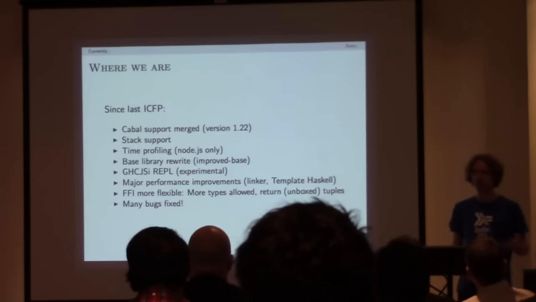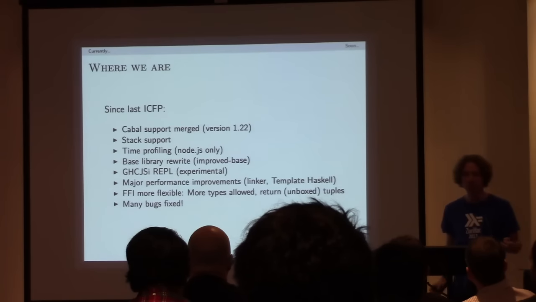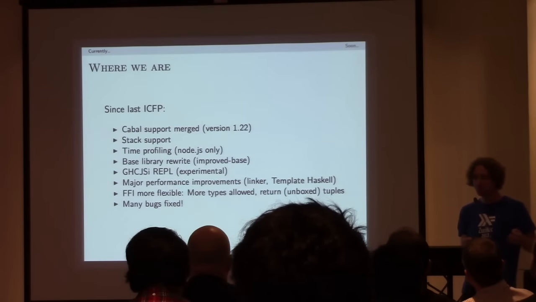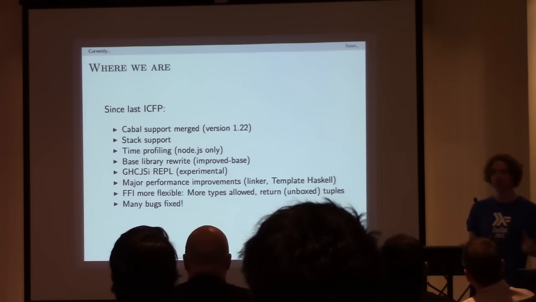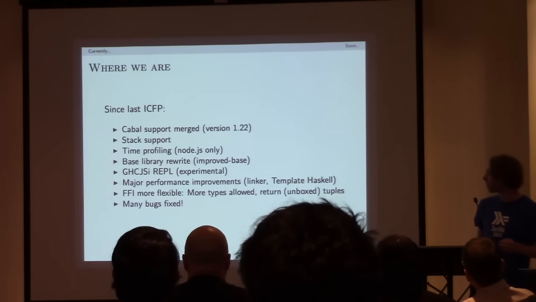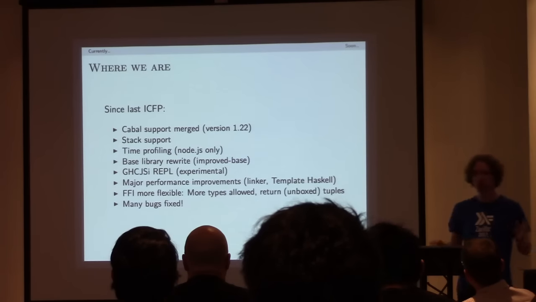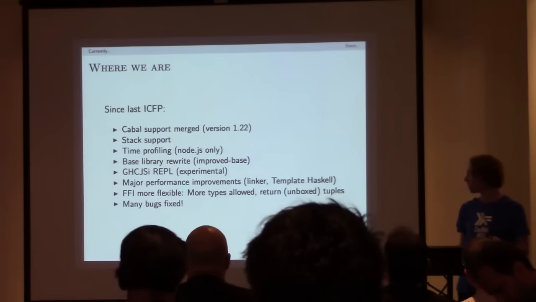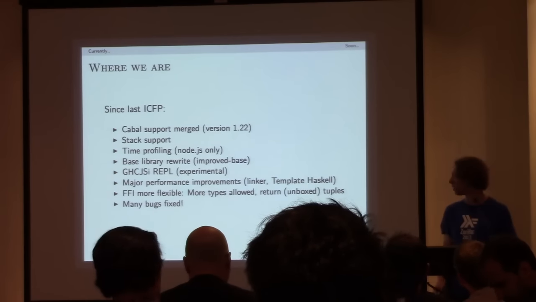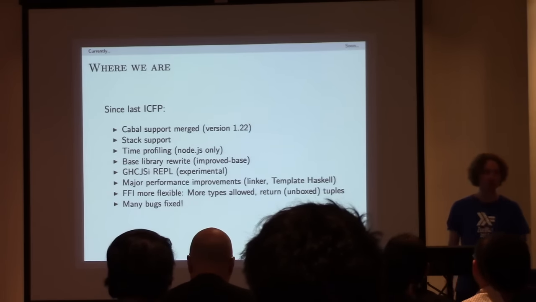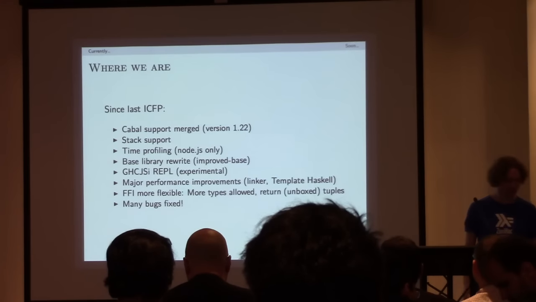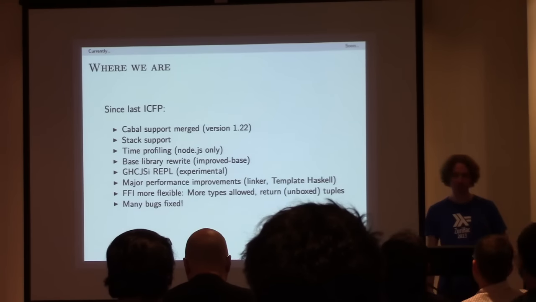Earlier this summer I made an implementation of GHCJSi, and I'll explain how that works later. It's still experimental, but it shows that it works. And there have been many small bug fixes and some performance improvements of the compiler. Since more and more people are using it, more and more people are trying to get things done, and I have more things to fix, which reduces my productivity a bit.